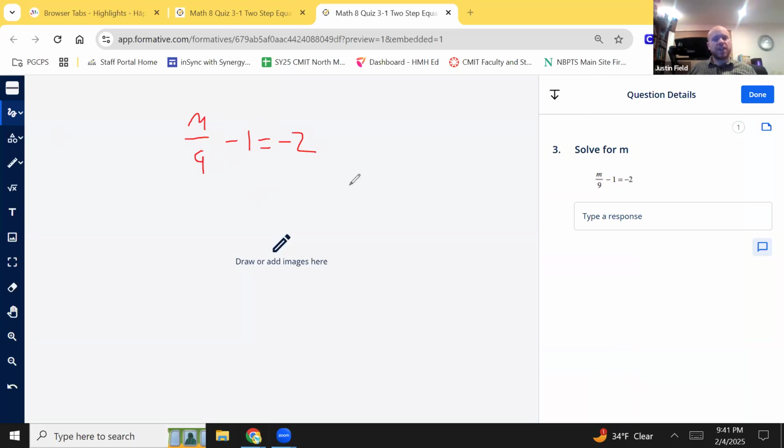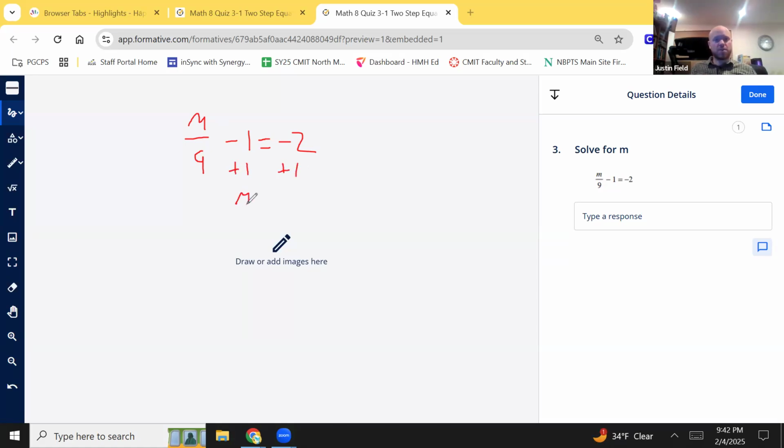So here's another one. This time, just the variable is being divided by 9. In the one we just did, the whole thing on the left side is being divided. But since just the variable is being divided by 9, our first step is not to multiply. It is to get that constant term over to the other side.